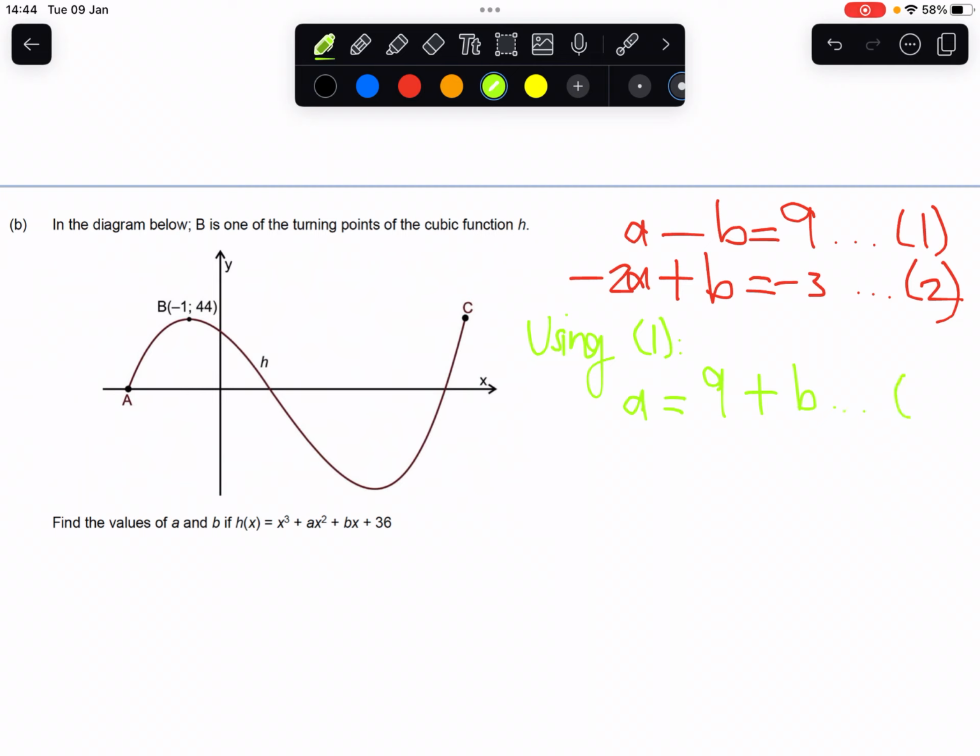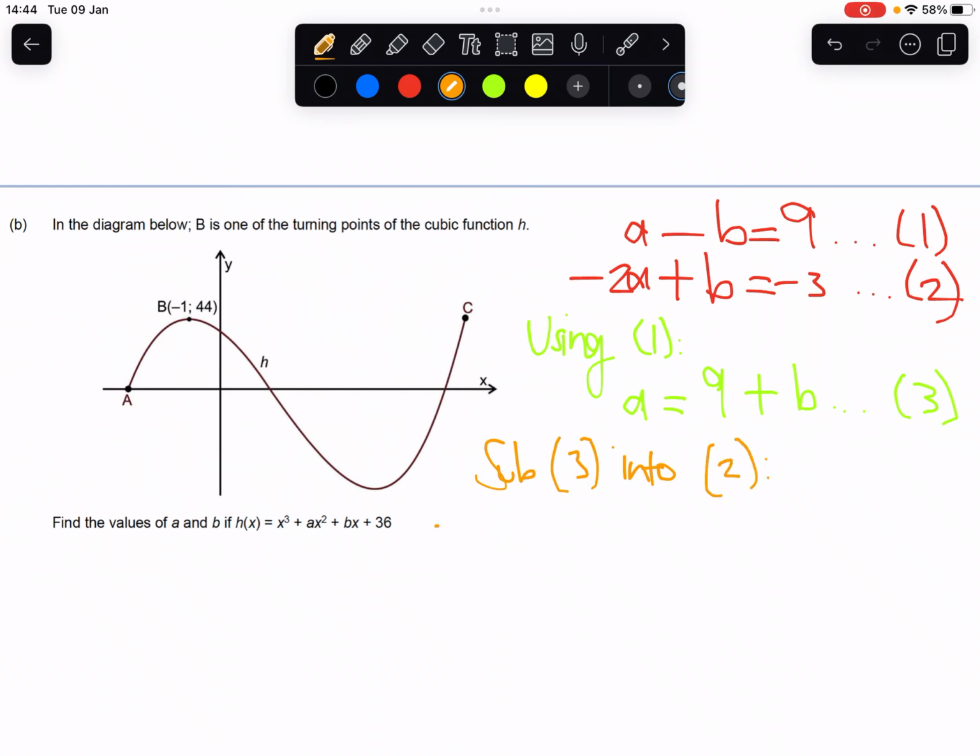And let's make that equation number 3. Wow, that is bright, isn't it? Maybe let's use a tamer color. So sub 3 into 2, okay?